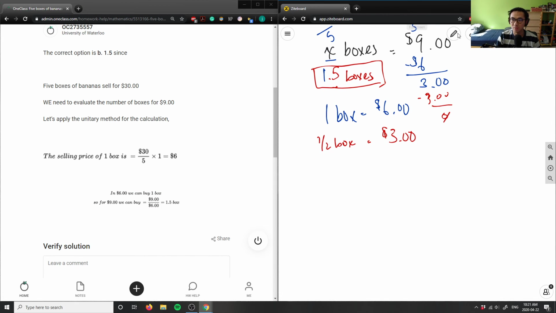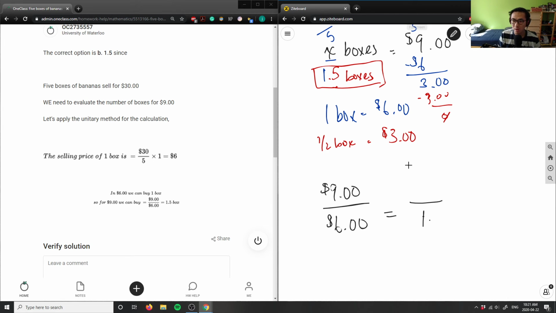So here, what they did was set up a proportion: the total amount, $9, divided by the rate, $6, equals X over one box.